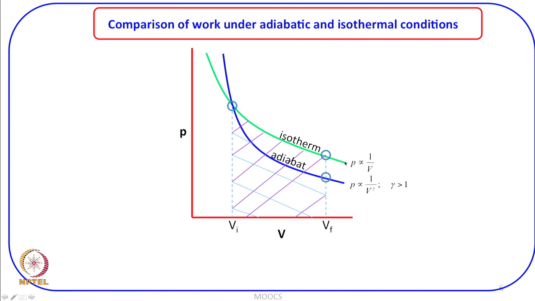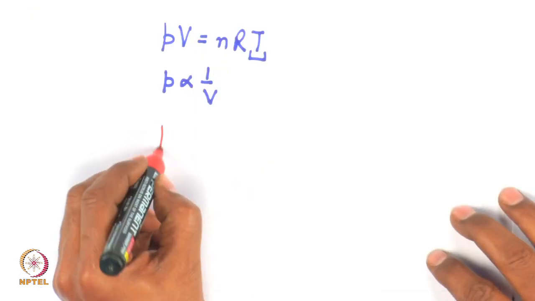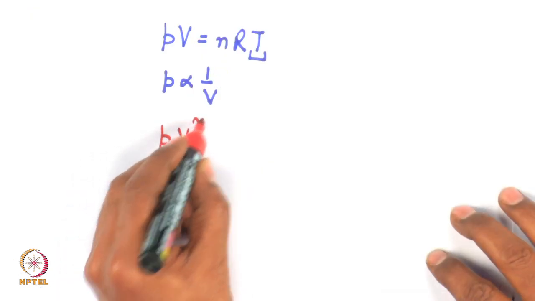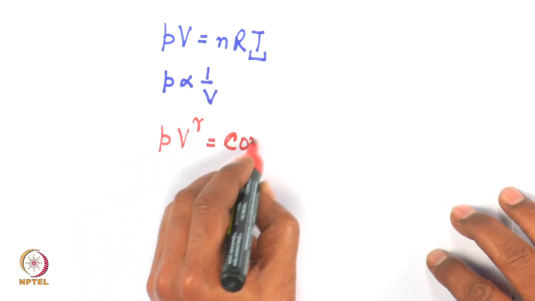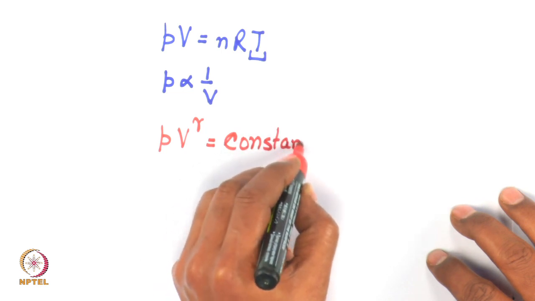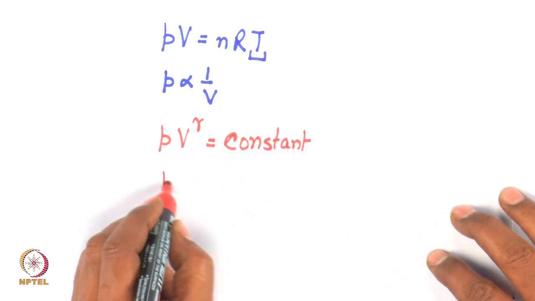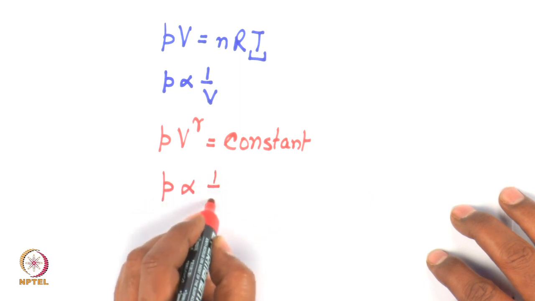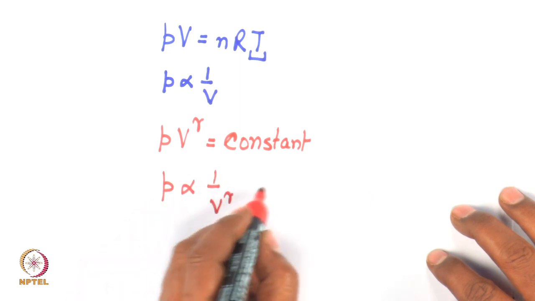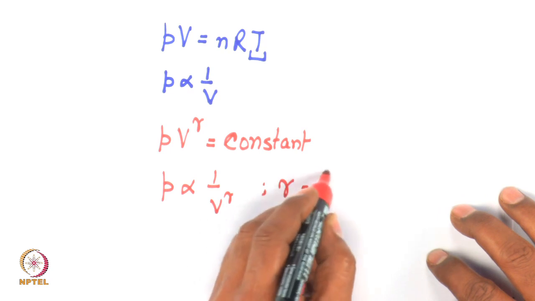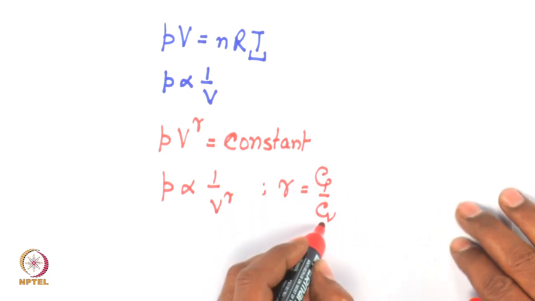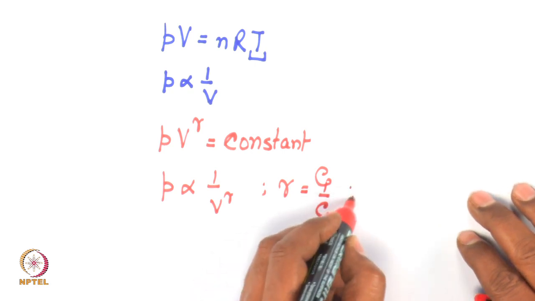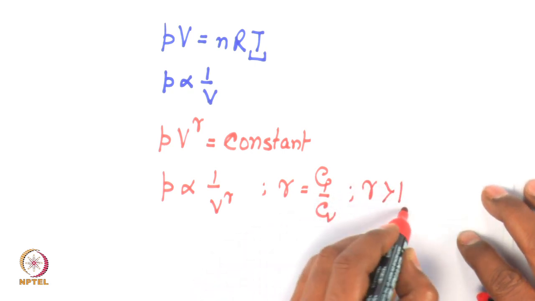Now, for an adiabat, we just showed that PV gamma is constant. That means P is inversely proportional to volume raised to the power gamma, where gamma is equal to the ratio of C_p and C_v. C_p, since it is greater than C_v, therefore gamma is always greater than 1.